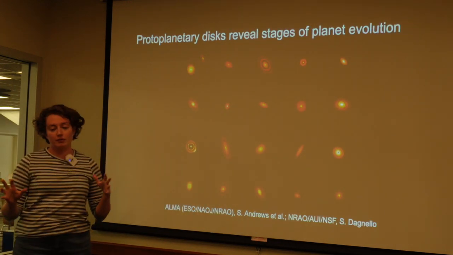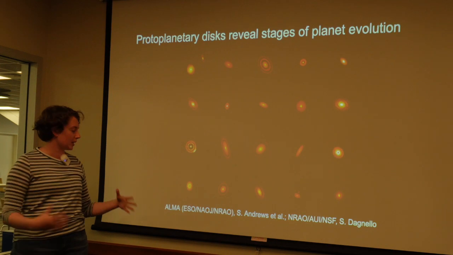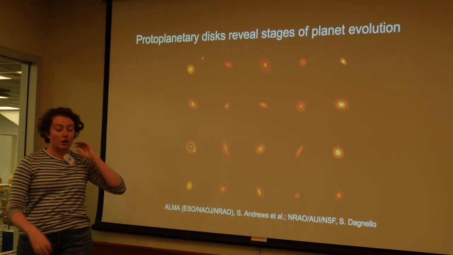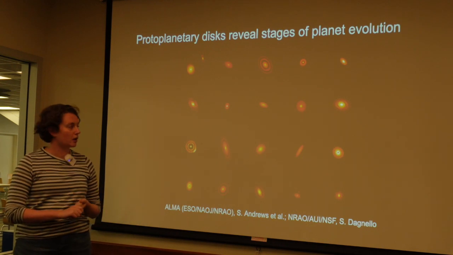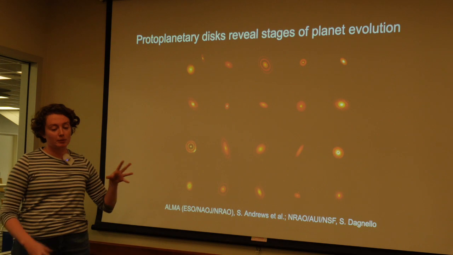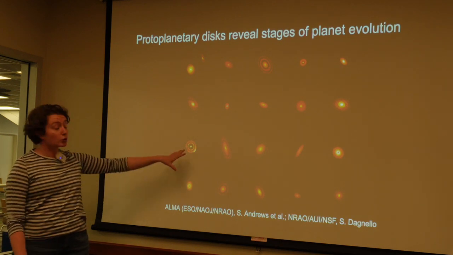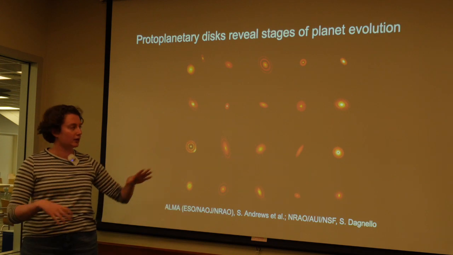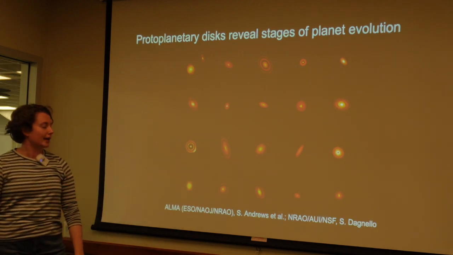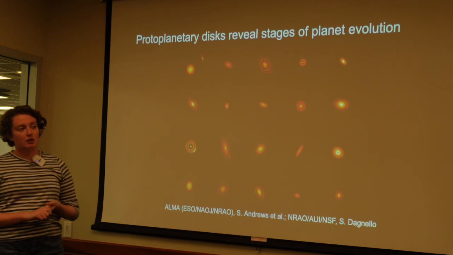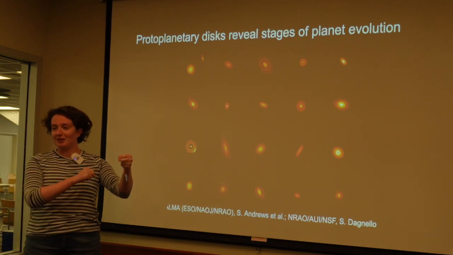This area of research has really been revolutionized by the ALMA facility, which is a series of telescopes in Chile. And with these observations, we've been able to directly image protoplanetary disks, really in a systematic way, looking at, you can see this survey here, for the first time, which is really exciting because we are basically getting another birthday picture.